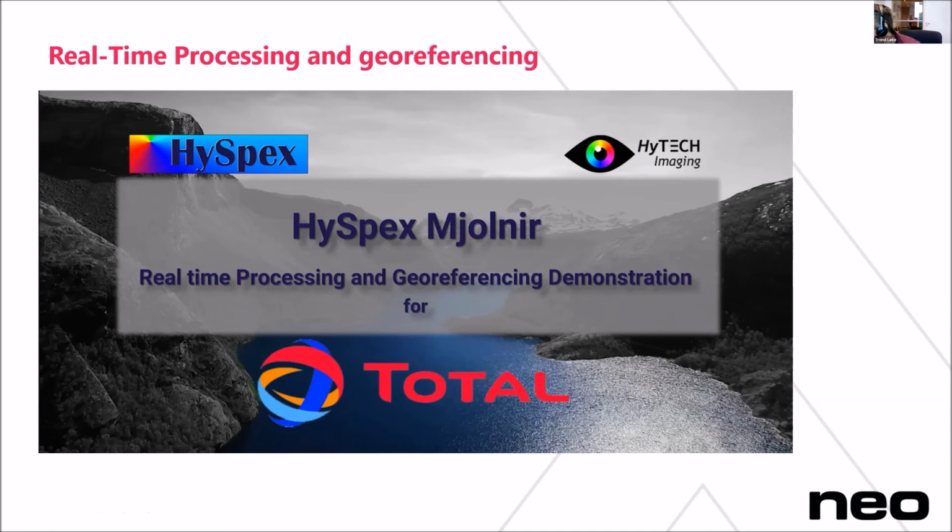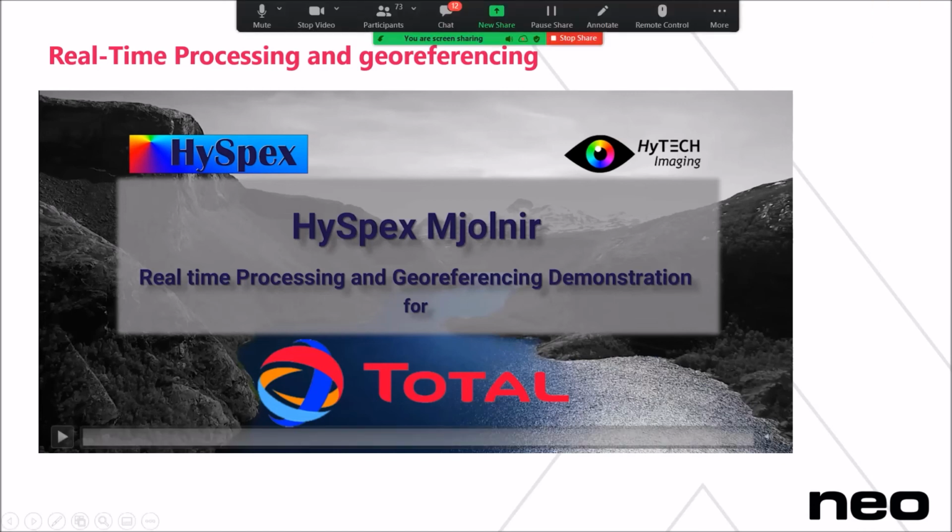We had a big military project, also a collaboration between France and Norway, called SISIF from 2009 to 2012, where we developed a huge hyperspectral camera called Odin 1024. It weighs 100 kilos, together with a real-time processing unit that was doing real-time target detection while flying, and also georeferencing and giving out the position of the targets.